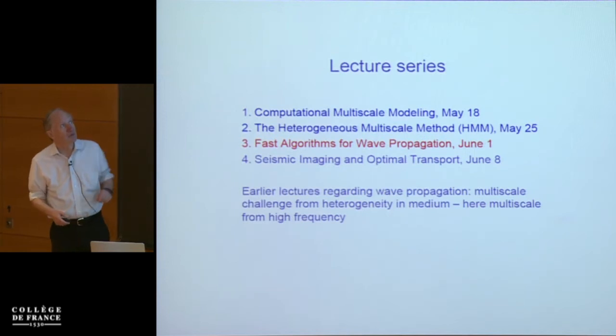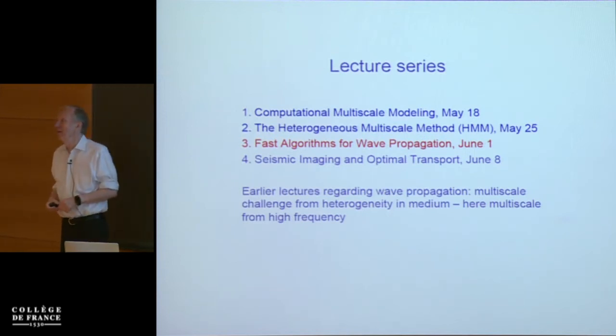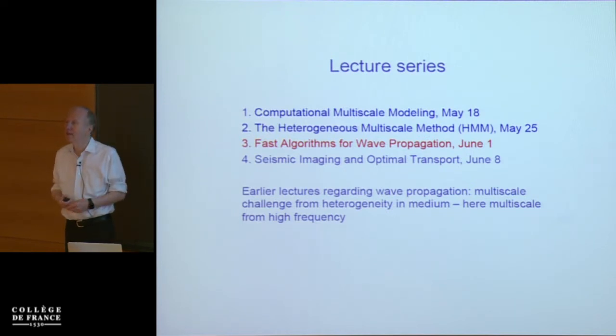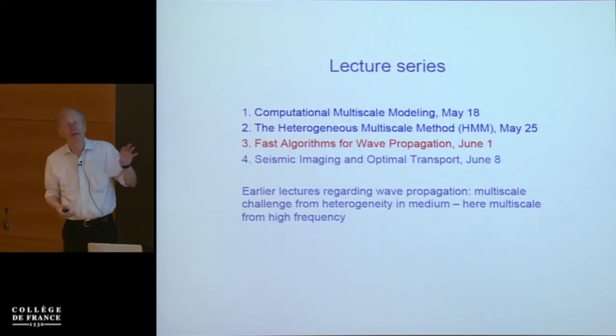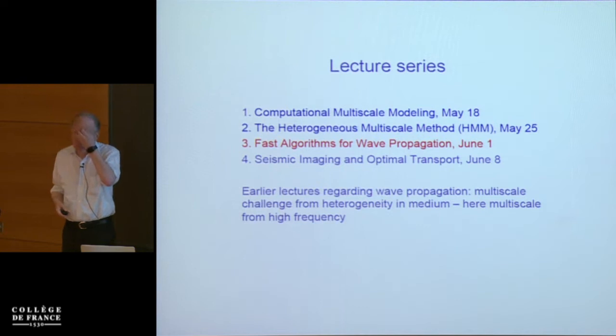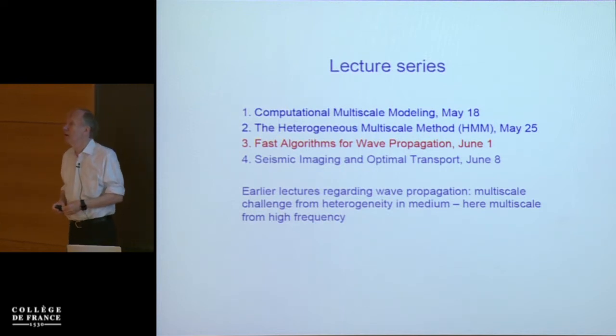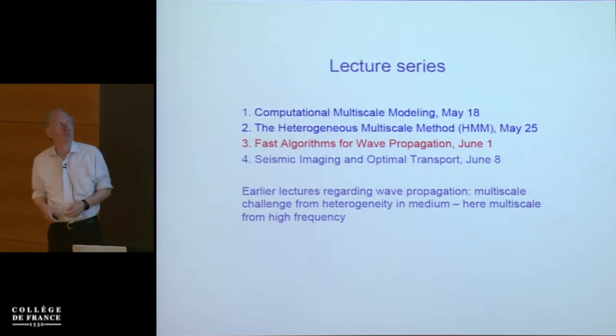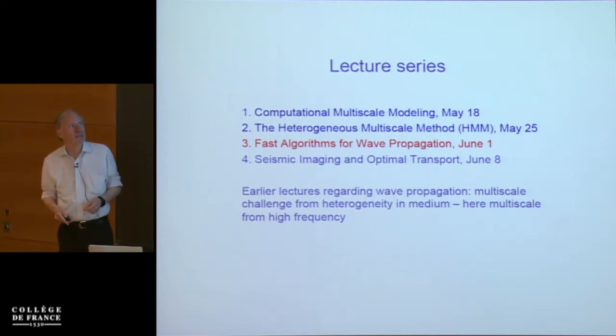We already touched upon wave propagation in the second lecture, and it was multiscale of a different type. It depended on strong variation and oscillations in the material, or rather the variable coefficients in the partial differential equation. Here we will think of smoother coefficients, and the highly oscillatory part comes from high frequencies.